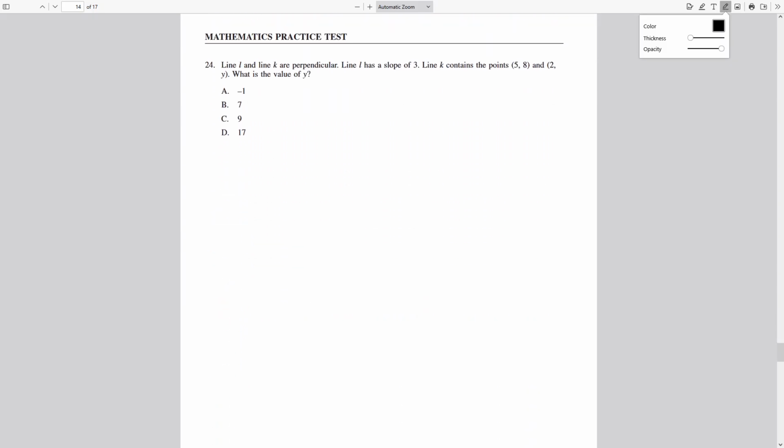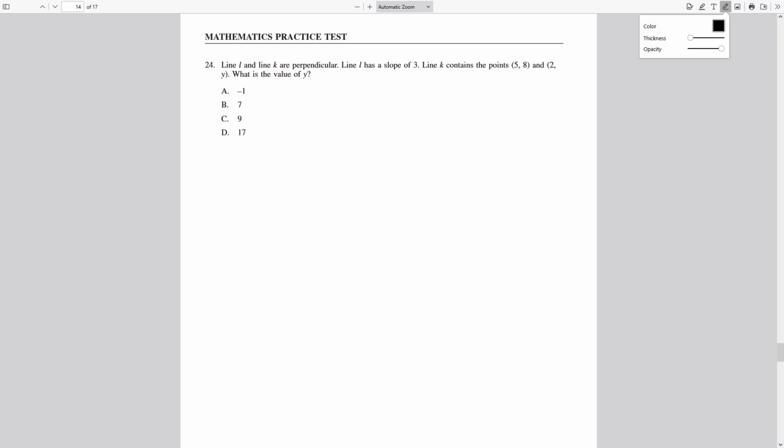And finally, line L and line K are perpendicular. How long am I recording for? Oh, an hour? Oh no! I didn't want to record this much. Line L and line K are perpendicular.